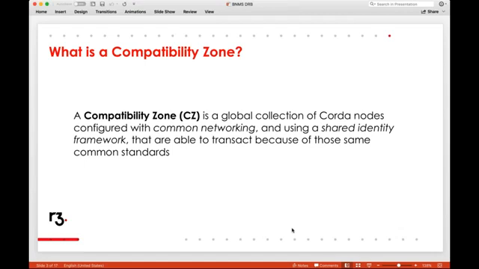So the certificate authority also lives on the compatibility zone level, and that defines the identity, which has to be shared between all the nodes. These two are good examples of the minimal technical standards, without even touching the ability for the nodes to transact with each other, just about the technical compatibility of the nodes.